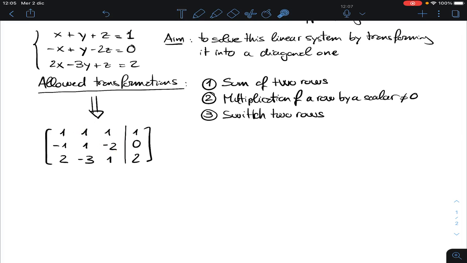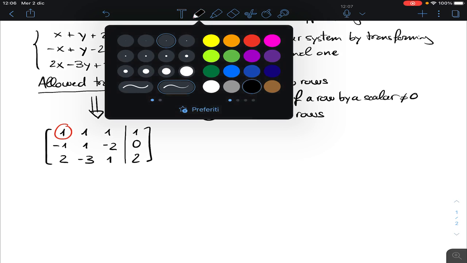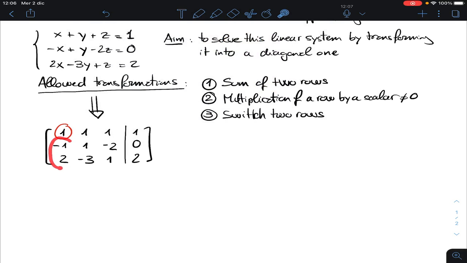So the matrix is not yet diagonal, and we need to use the previous transformations to make it diagonal. We start, for example, by using this 1 here to make the 1 and the 2 you have here disappear, so we transform them into zeros.